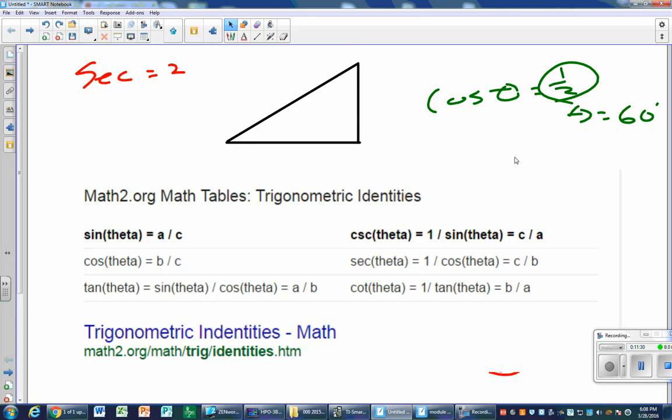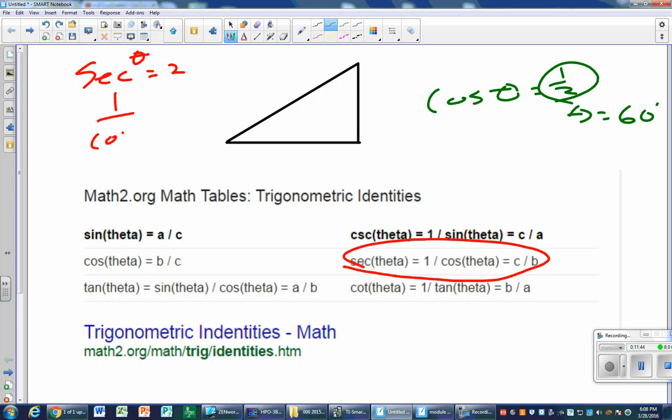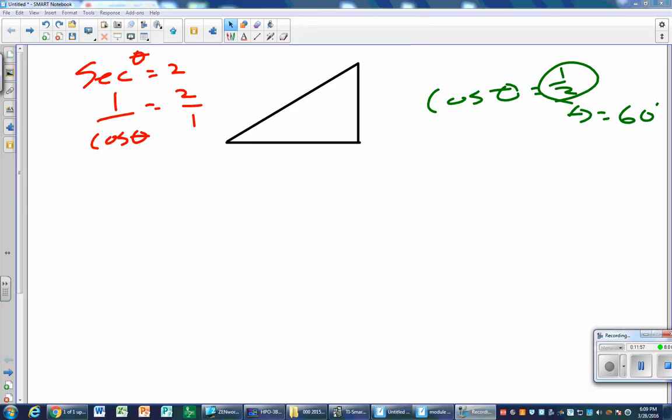Now let's take a look at secant equaling 2. Mr. Bryce, bummer. That's supposed to be secant of theta equaling 2. Okay, so I pulled this up because, again, secant is 1 over cosine. 1 over cosine of theta equals 2, or 2 over 1. Well, what in the world do we do here?